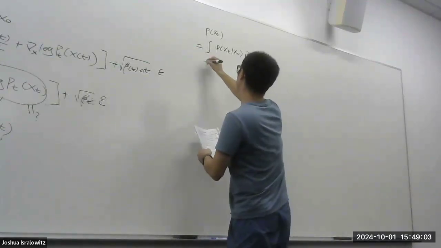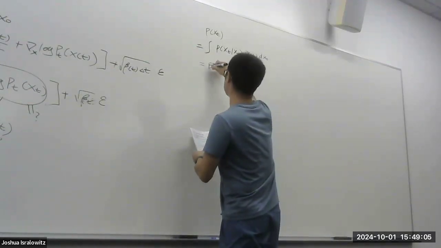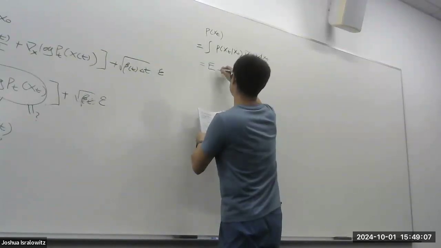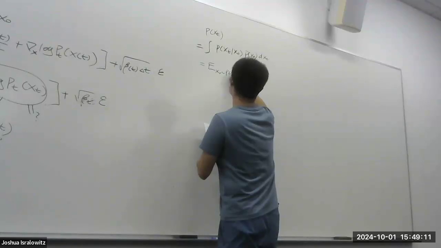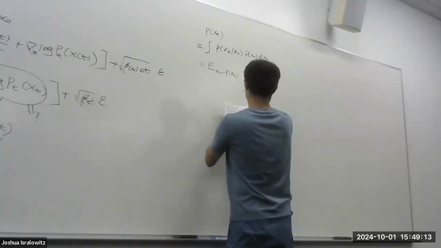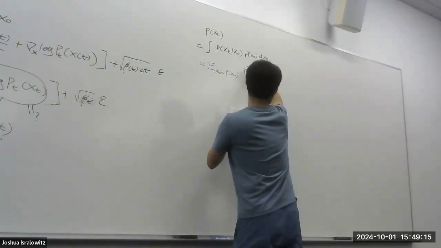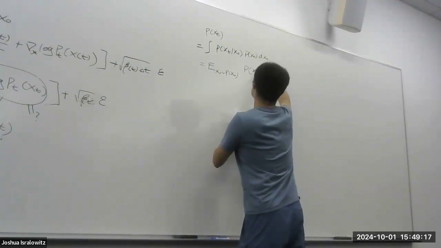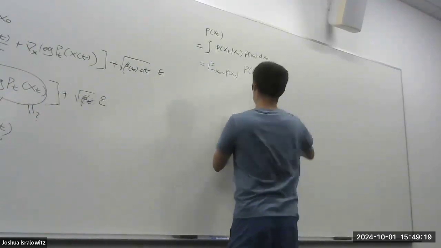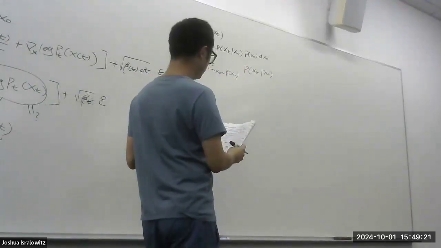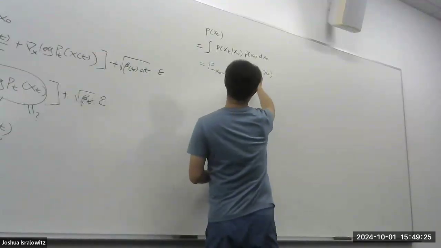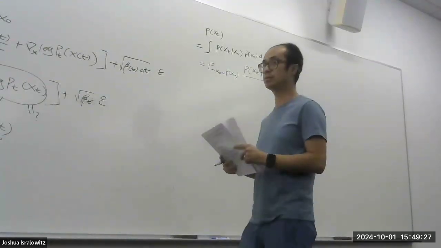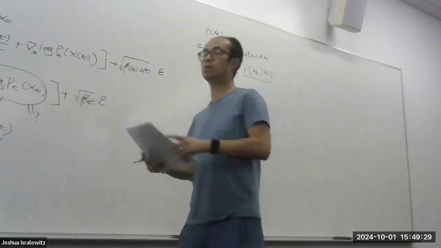We can write everything in terms of integrations, and also in terms of expectations. So this is the probability of xt. We know this one, this is a Gaussian, or some sort of Gaussian. So we know this part.